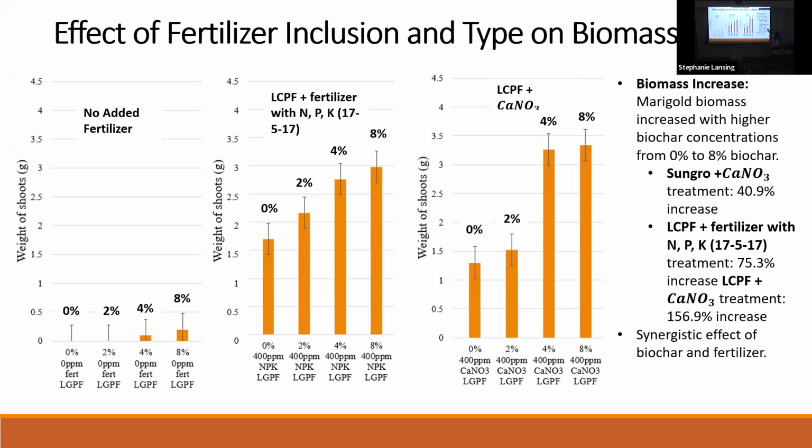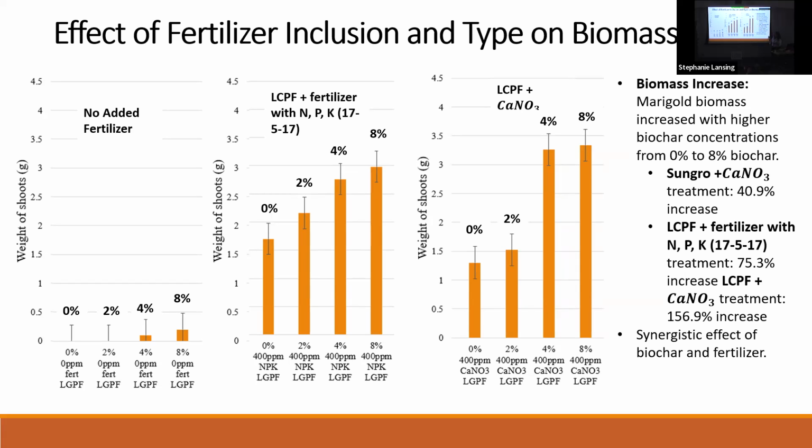However, between fertilizer inclusion, we can see a definite difference between no added fertilizer, how low that looks, and the inclusion of our NPK fertilizer, and an even greater jump from our control to the 8% with our calcium nitrate, or nitrogen-specific fertilizer.